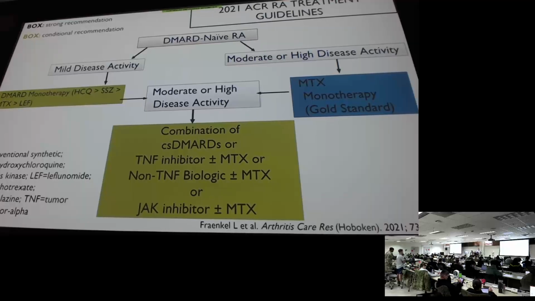So basically the take-home point, if you're looking at this, is although it does show you can combine the conventional synthetics, better efficacy by using methotrexate with something from the newer class. You never want to just go conventional, conventional, conventional. If methotrexate isn't doing it, go ahead and move into one of the biologic classes or the JAK inhibitor, which is not a biologic, it's a different type. And we'll talk at length on that.